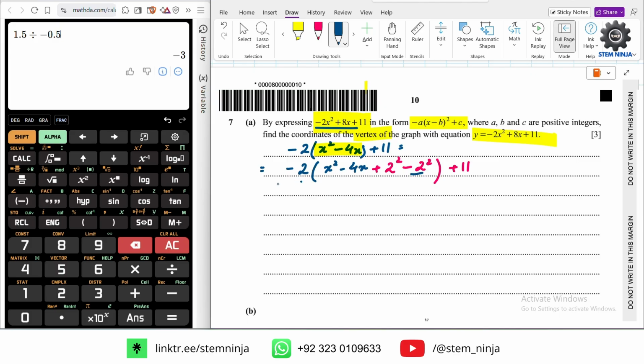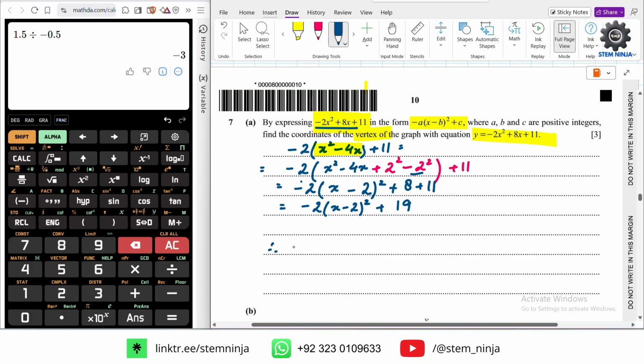So this will become minus 2 x minus 2 whole squared. Then this minus 2 multiplied by this minus 4 becomes plus 8 plus 11. And finally this would become minus 2 x minus 2 whole squared plus 19.